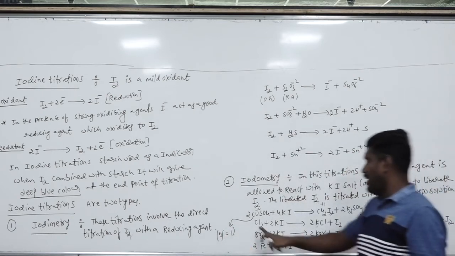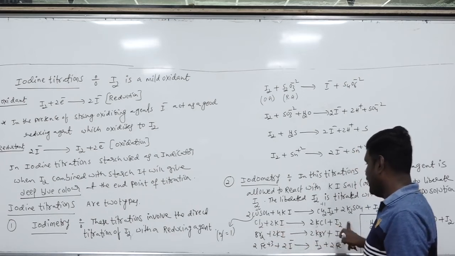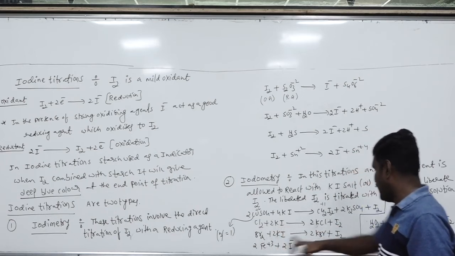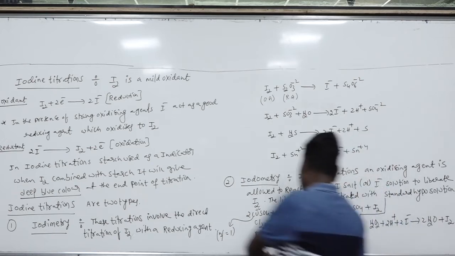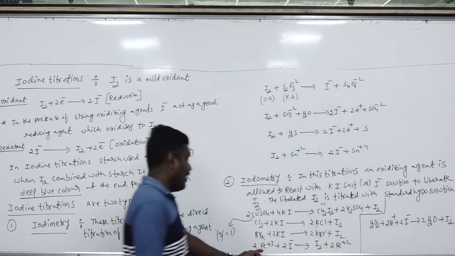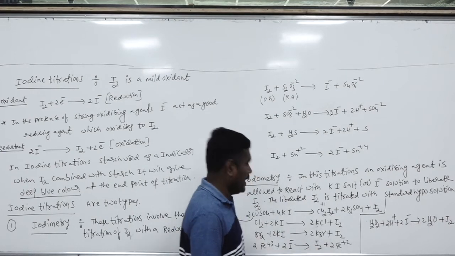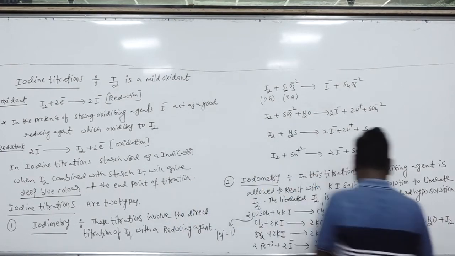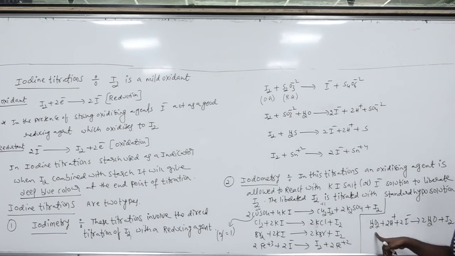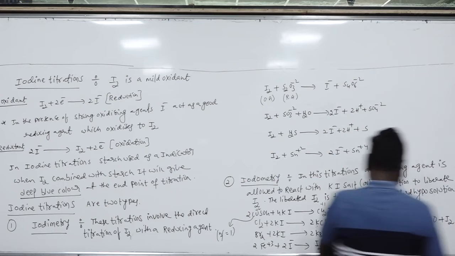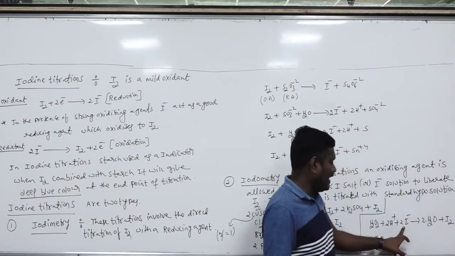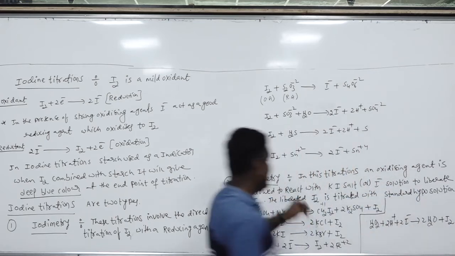Okay. Now come to chlorine, which oxidizes potassium iodide to iodine. Bromine can also oxidize the potassium iodide into iodine. Even ferric ion is also a good oxidant which oxidizes the iodide ion into iodine, itself reduced to ferrous ion. And one more important thing is hydrogen peroxide. Hydrogen peroxide is also a good oxidizing agent which oxidizes the iodide ion into iodine. In all these reactions, what happens?